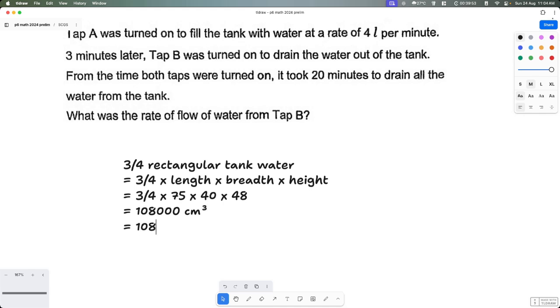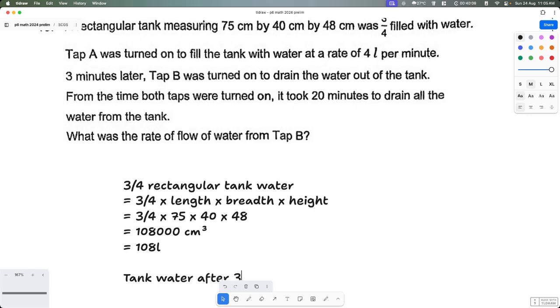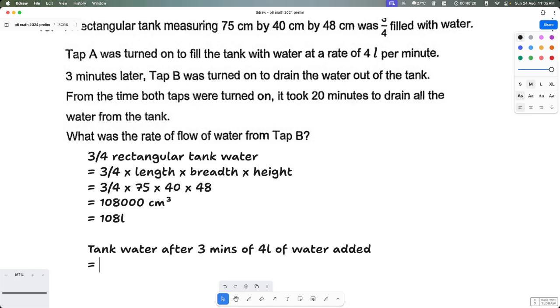So 108 liters. Now, tap A was turned on at a rate of 4 liters per minute. So the tank water after 3 minutes is equal to 108 plus 3 minutes times 4, which is basically 120.